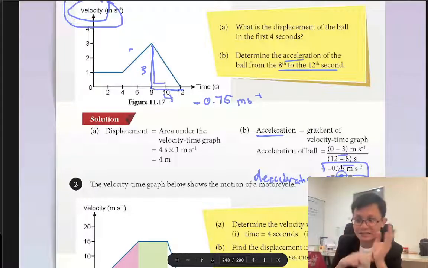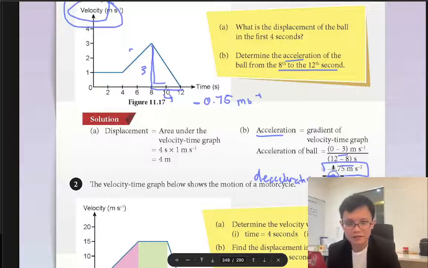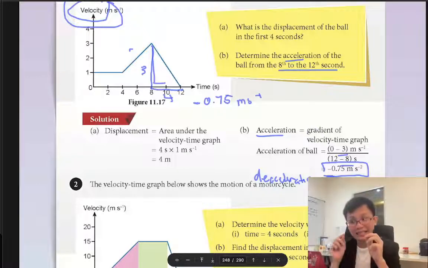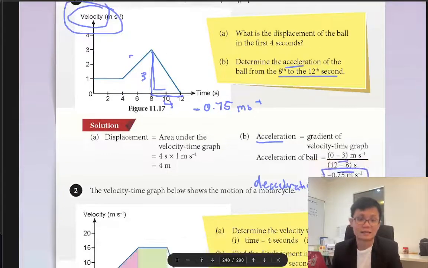If the question asks acceleration, and because it's negative acceleration, you need to put negative. So sometimes this is also the difficult part, because you don't know whether to put negative or positive. But it depends on the question. You get what I mean? If the question asks acceleration, you put negative. If the question asks what is the deceleration for this question, then it is positive, negative 2.